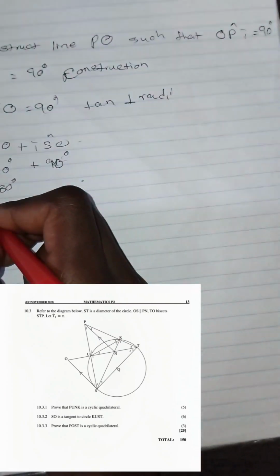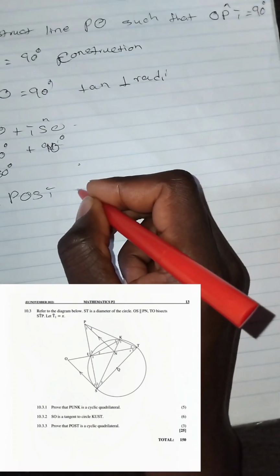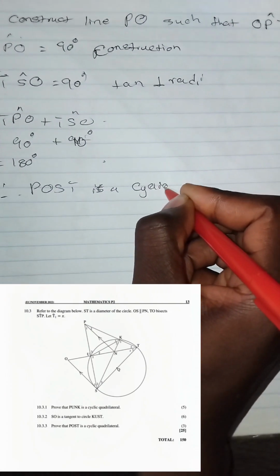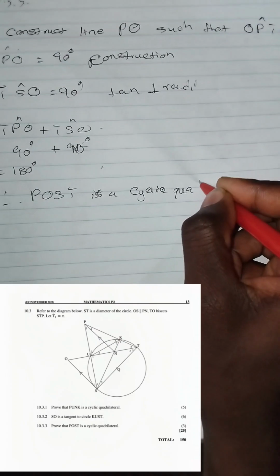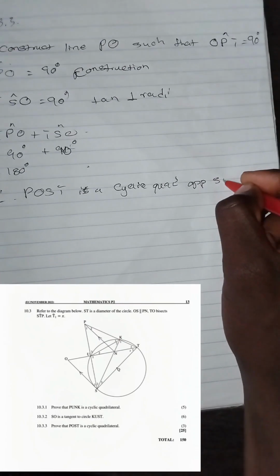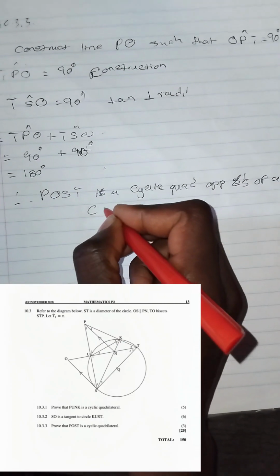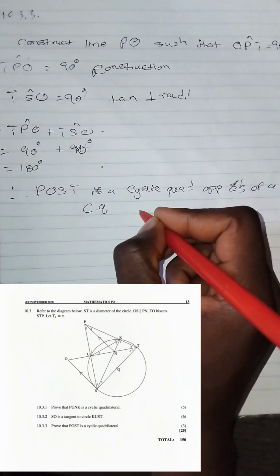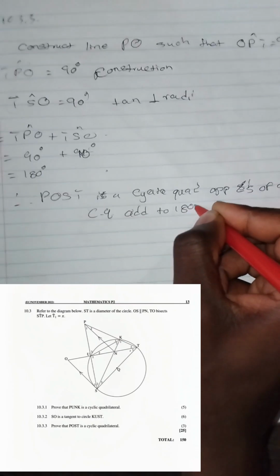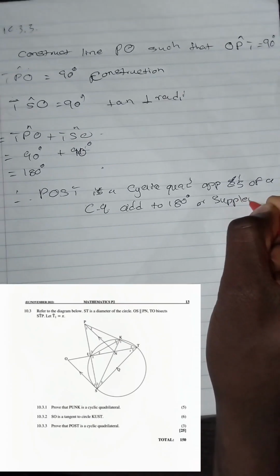So opposite angles, therefore POST is a cyclic quad. Opposite angles of a cyclic quad add up to 180 degrees or are supplementary.